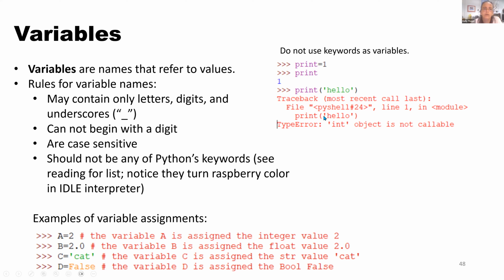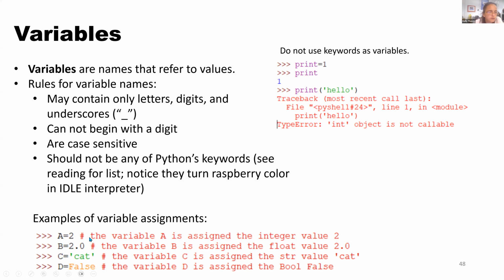It's not printing anymore. So if you accidentally do this, it's not a big deal. You haven't broken Python. You need to simply close out your script and start again. And before you run your script, you need to remove that thing that assigns the variable, and everything will be fine. So as you can see, there are some things that are possible to do in Python, but not all things are good to do.